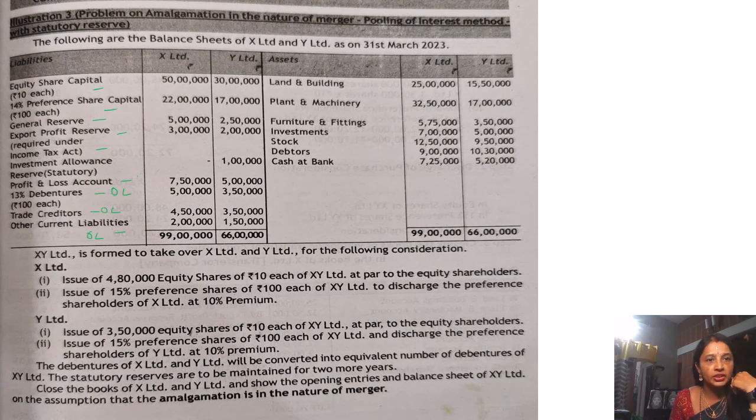Profit and loss account is an insider's liability. Investment allowance reserve is a statutory reserve, export profit reserve is a statutory reserve, general reserve is an insider's liability, preference share capital is an insider's liability, share capital is an insider's liability, and there are no fictitious assets in this problem. Now, there are these assets.